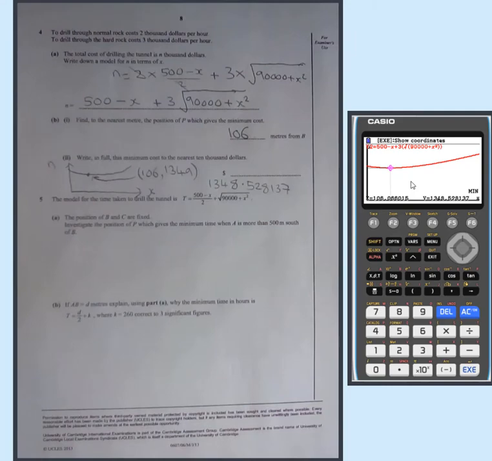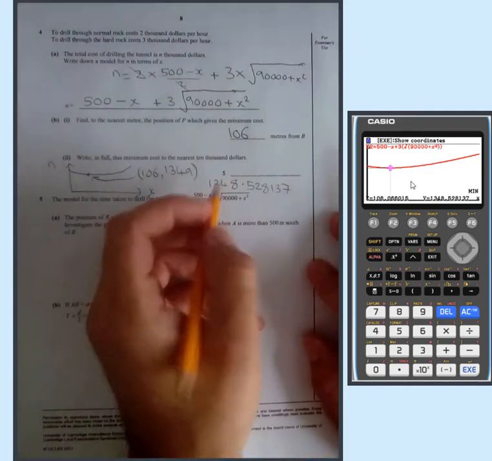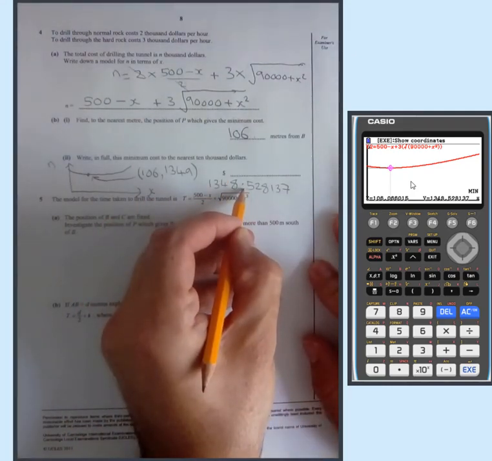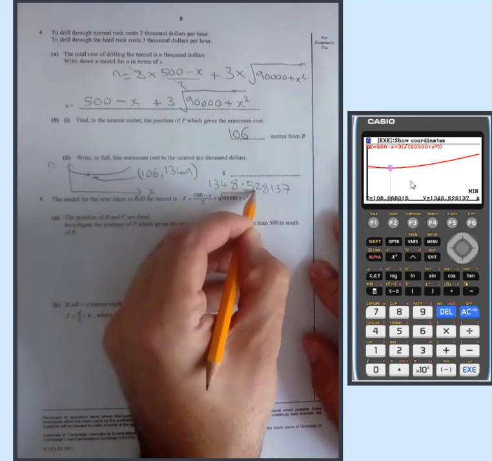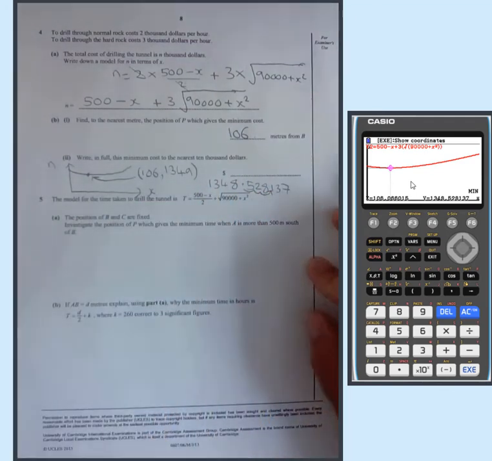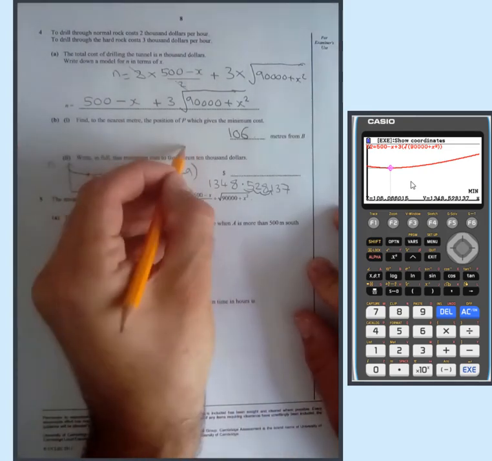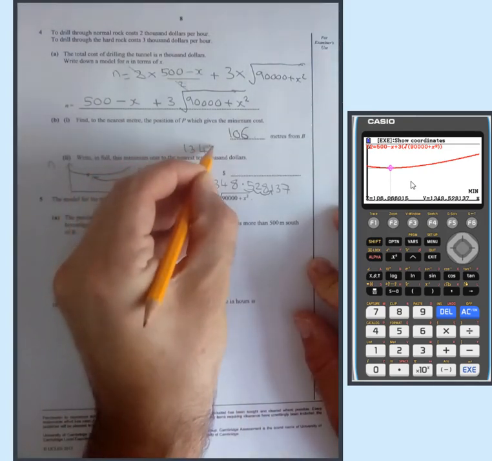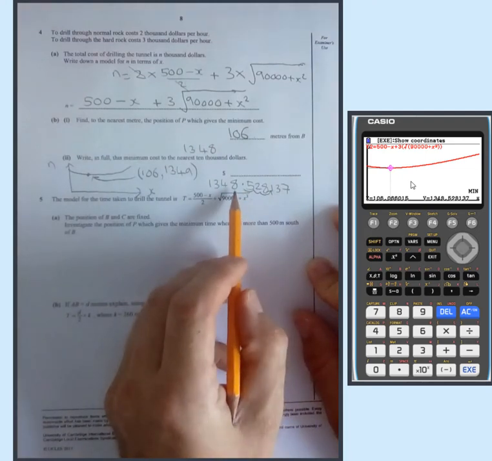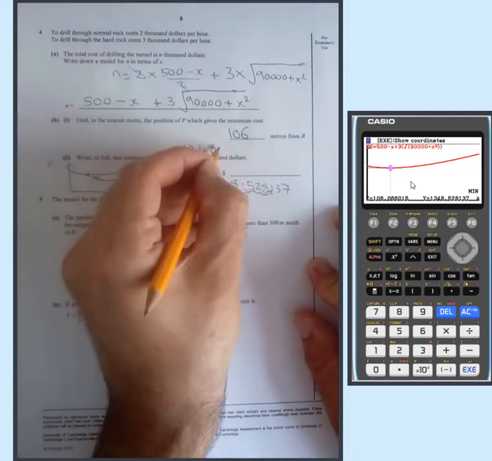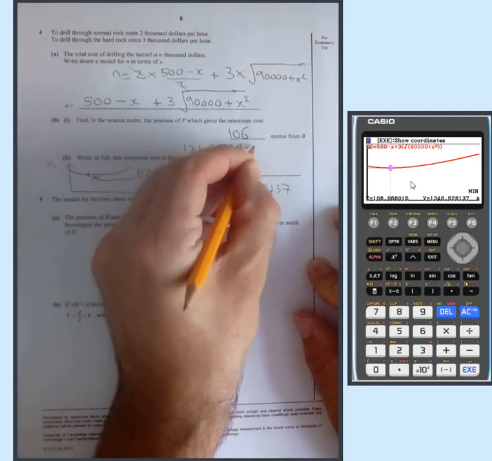So that's that many $1,000. So then if I times this number by 1,000, your number is going to be 1,348,528.14.